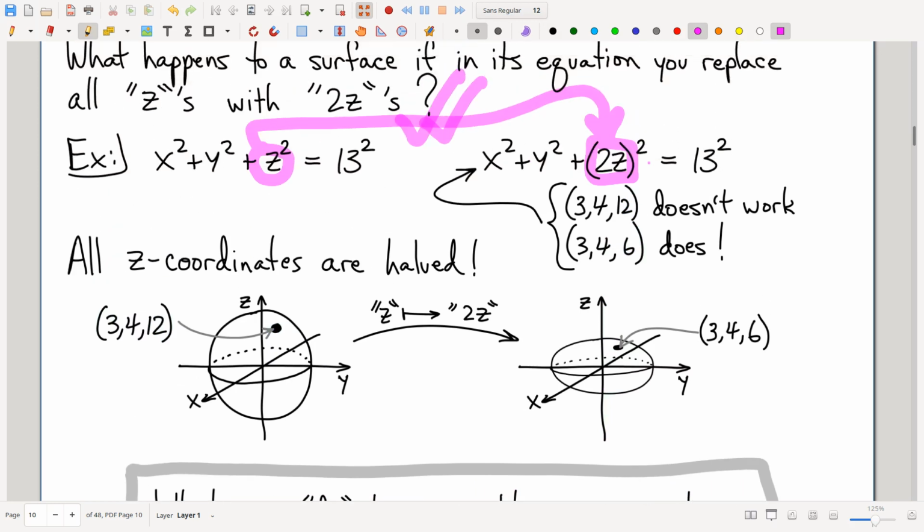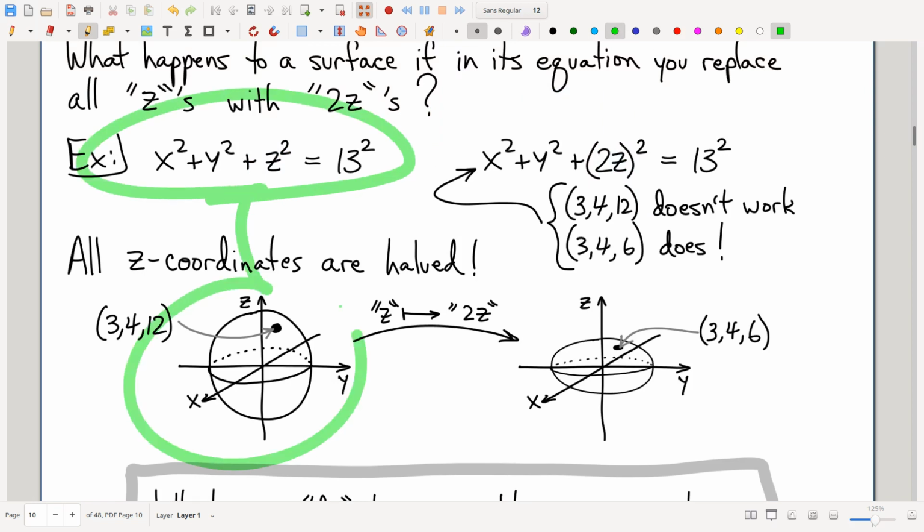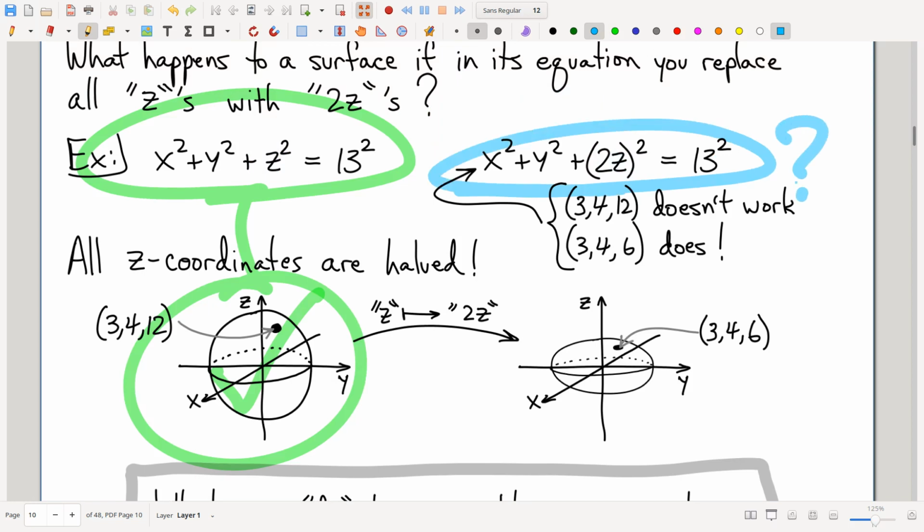And notice, having made this observation, I came into this example already knowing this. And then to the question of what does this look like? Oh, okay, well, z gets replaced with 2z. That means that all my z coordinates get cut in half.